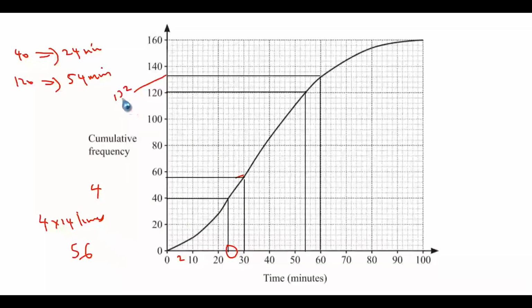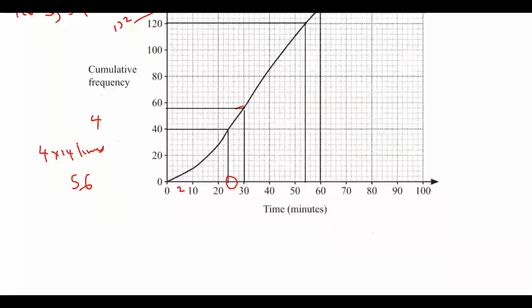But we need those that spend more than. So there are these people from here up to this spot here. So that will be 160 minus 132. So that is the number of people that took more than 1 hour.